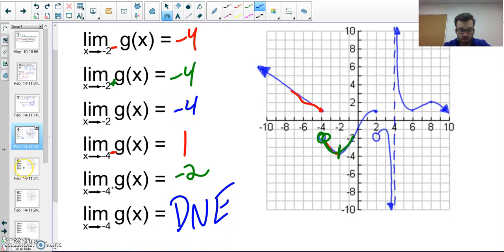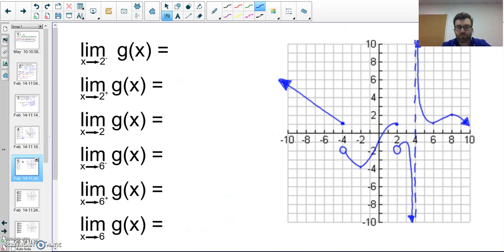We're going to try another one. Same function, different numbers. Solid, here we go. The limit as x approaches positive 2 from the left. I'm coming at positive 2 from the left.